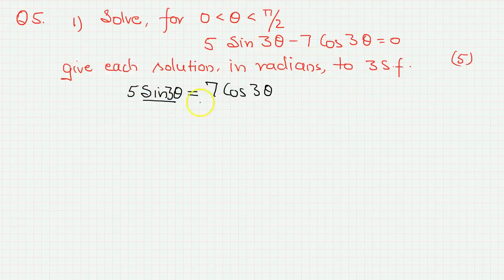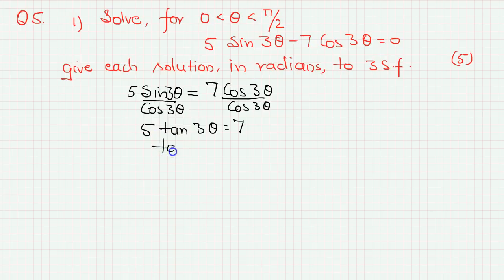Let's divide both sides by cos 3 theta. So it will become 5 tan 3 theta is equal to 7, then tan 3 theta will be 7 over 5.